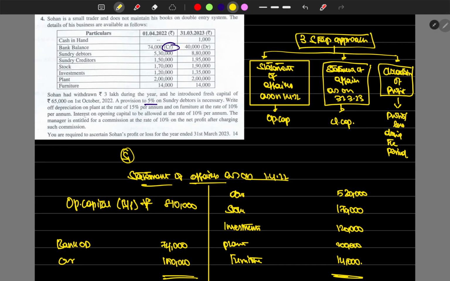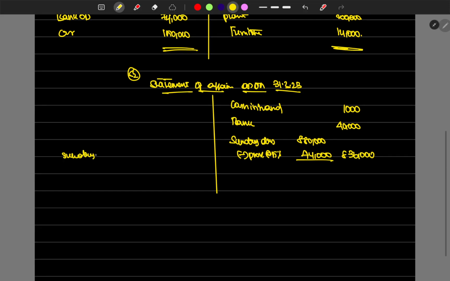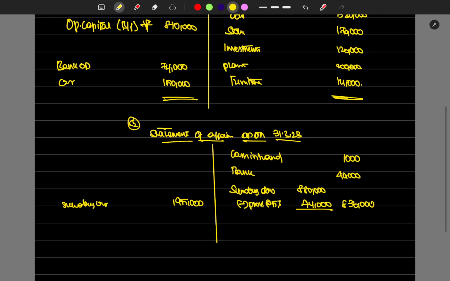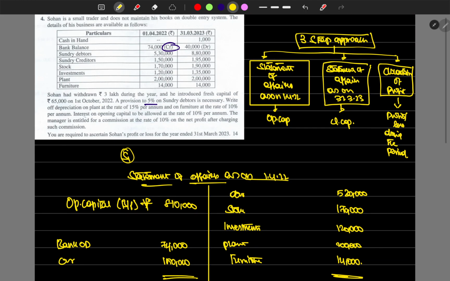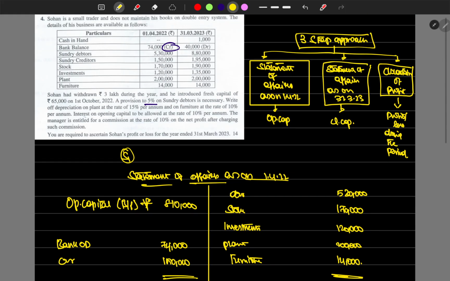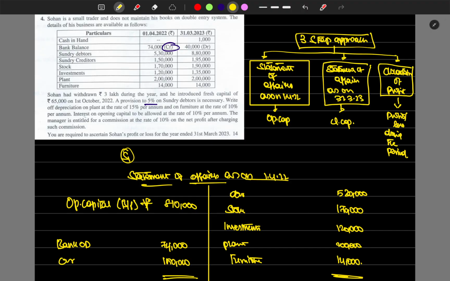Sundry creditors are 1,95,000. Then stock is 1,90,000. Investments are 1,35,000. Then plant is 2 lakh. For the plant we have to provide 15% depreciation, and for furniture 10% depreciation.